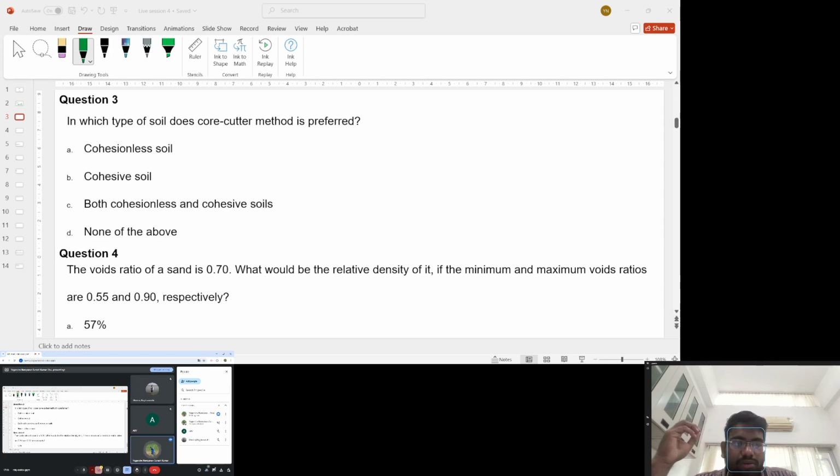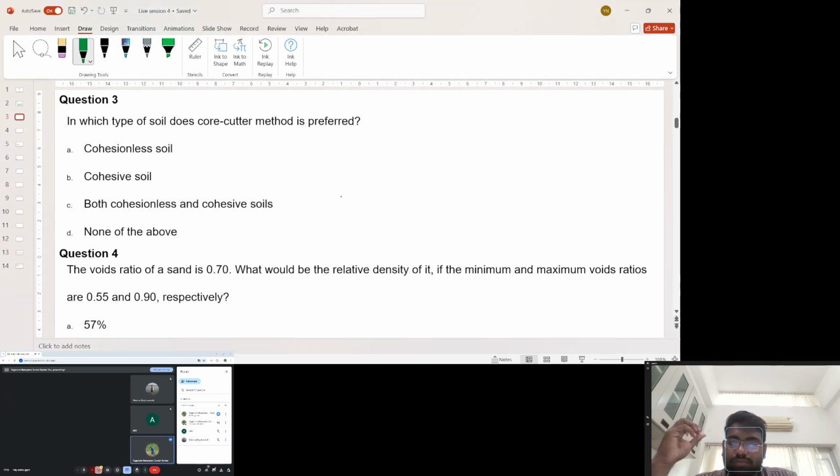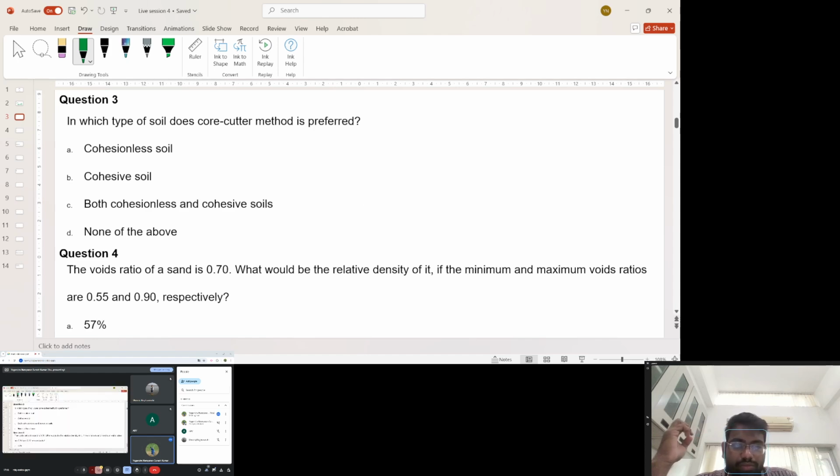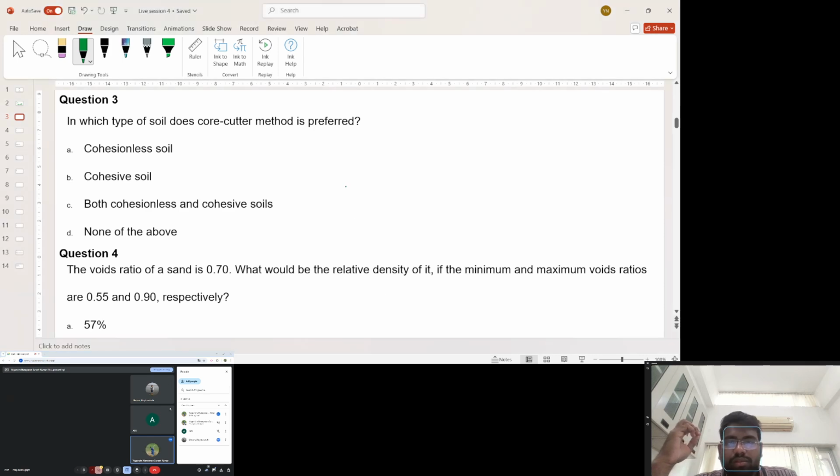How does the core cutter method work? How do you do core cutting? Core cutting is usually done using a sampler, whose exact term is core cutter.